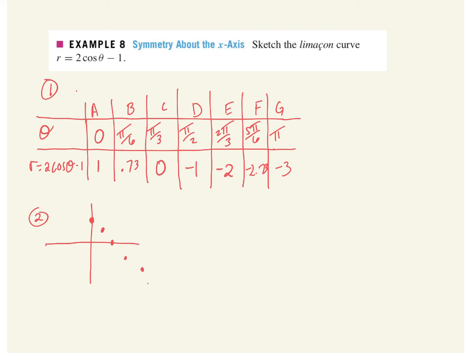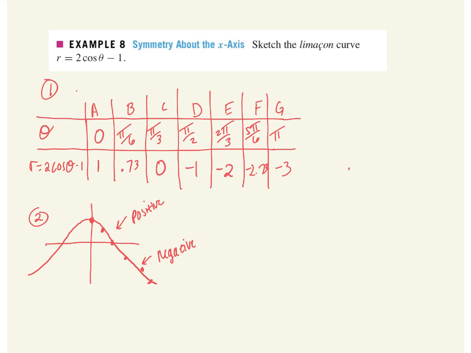Negative 2, and it's going to keep on going, and eventually that'll change. The same thing would happen over here. But the only real observation is that we're positive, and then we're negative, which we saw in our table of values. So this is an optional step.